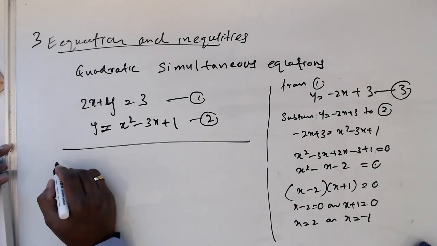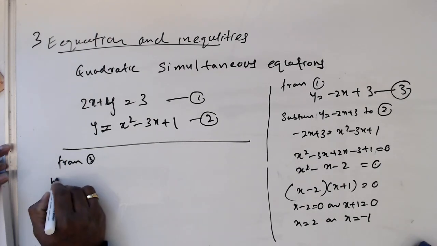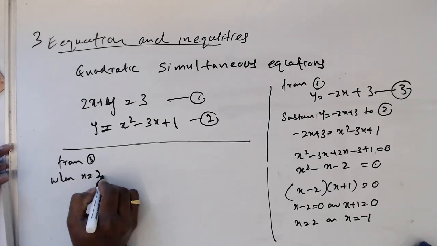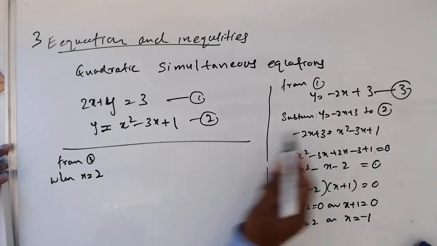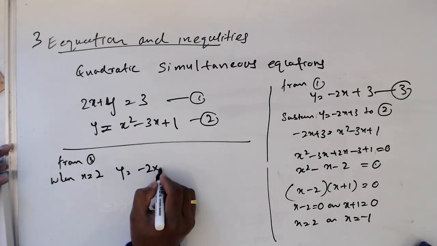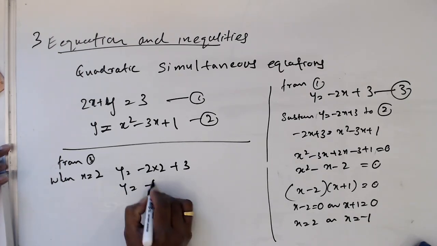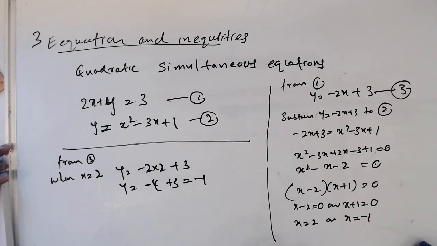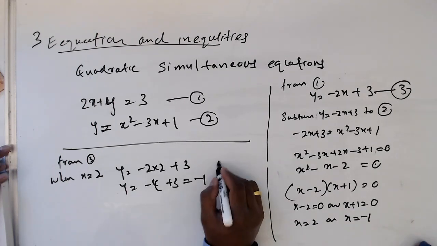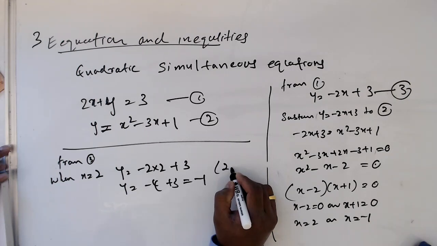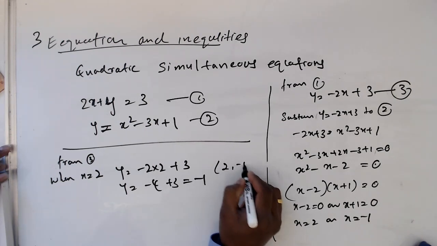From 3, when x equal 2, y equal minus 2 times 2 plus 3, which is y equal minus 4 plus 3, minus 1. So then one point is 2, minus 1.